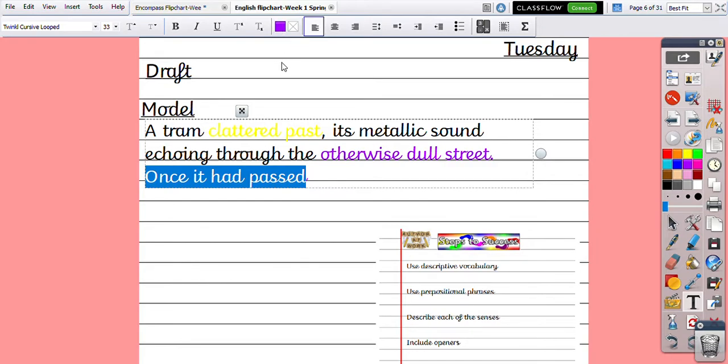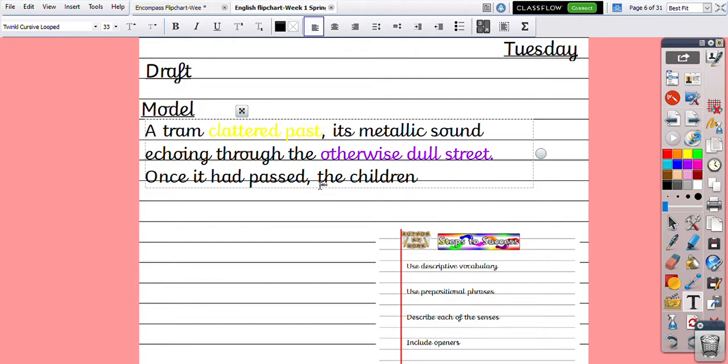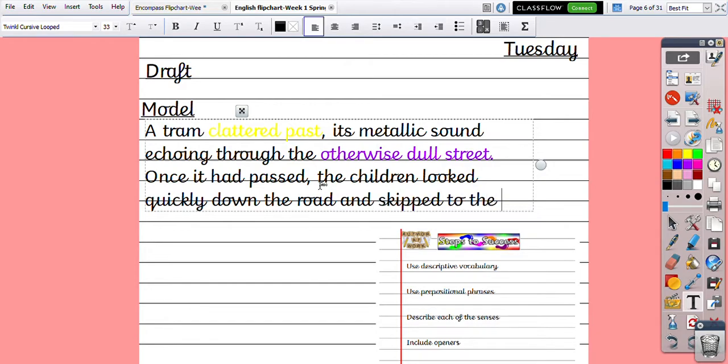I want to use a pronoun for cohesion. Once it had passed, so I'm linking this sentence to the last one. Once the tram had gone past, the children looked quickly down the road and skipped to the other side. So here I'm using a cohesive opener to tie the sentences together.